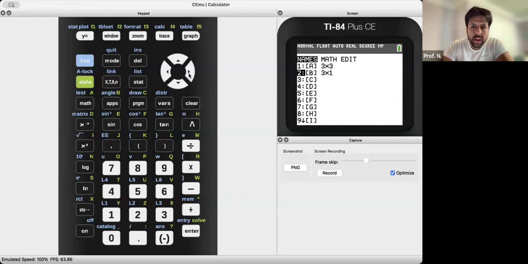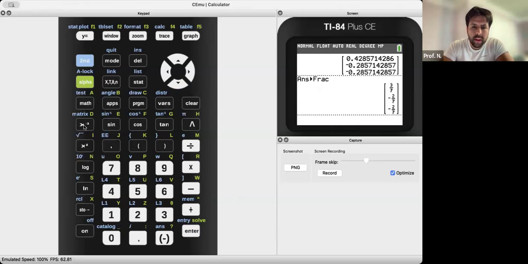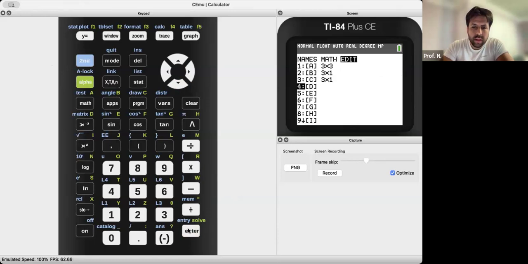And I'll just go ahead and do 3 by 1 again. In this case, this one will be the one that has the 1 here, right? And then I'm going to do that again for D, and D will be the column vector where it has the 1 on the bottom here.